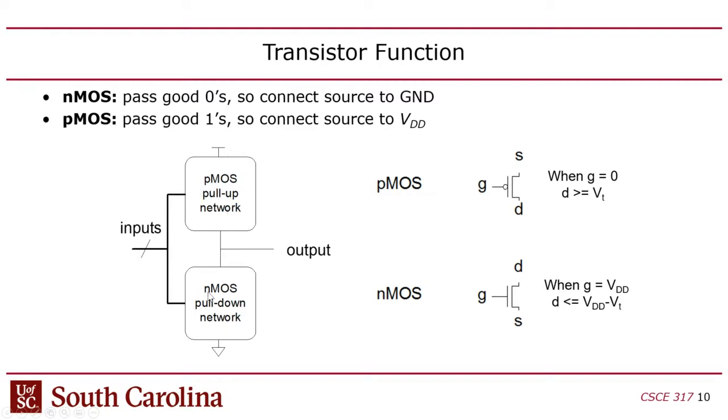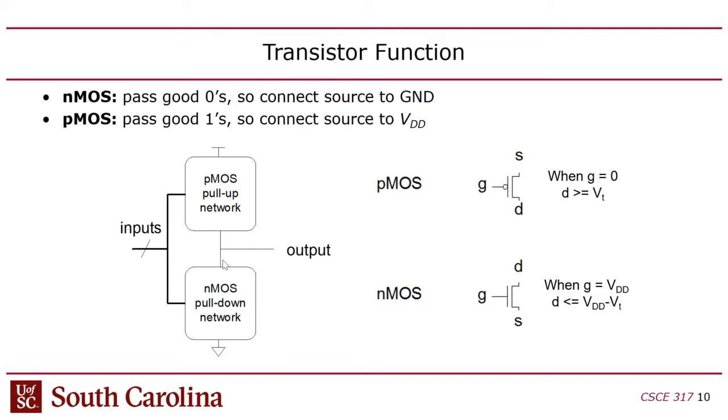You'll have some time when both of these are on as you're transitioning the output, and that's called dynamic power consumption, and that's a problem. But static power consumption with CMOS is very low, and that's the reason why everything has kind of gone that way. There have been other logic families developed, but CMOS has been the most successful.